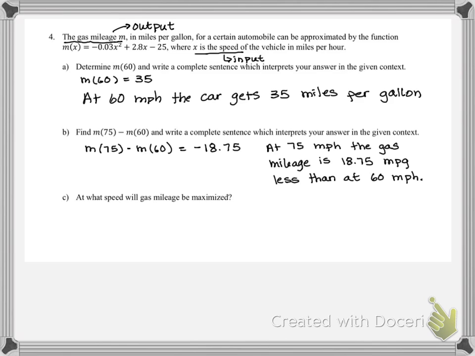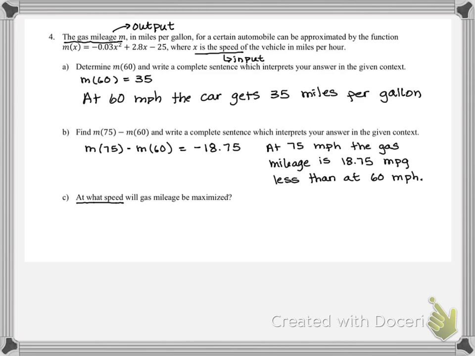Okay, so let's find what speed will maximize gas mileage. What am I looking for? The vertex, right? Am I looking for the y-coordinate or the x-coordinate? So I'm looking for speed, right? So these are tricky because the thing we're maximizing is always the y-coordinate. But when we find the point where that y-coordinate is maximized, that point has an x value and a y value, right?